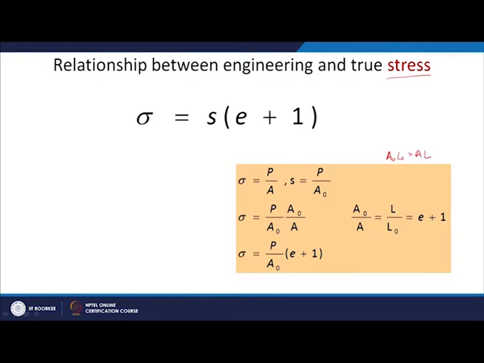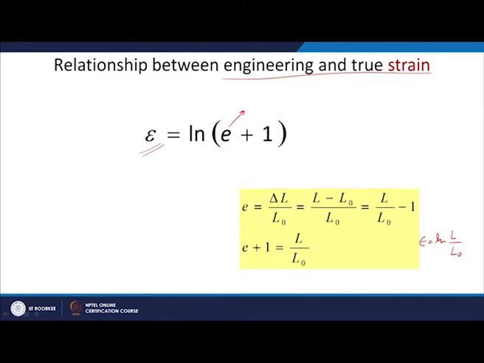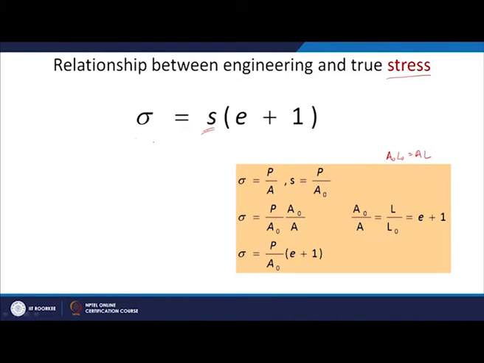So this is what I have written now, the engineering stress into E plus 1, okay. So this is the relationship between the engineering and true stress, and the previous one is between the engineering and true strain. So if you know the engineering values, you can easily find out the counterpart true stress and true strain values from that.